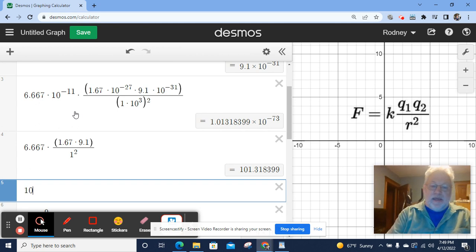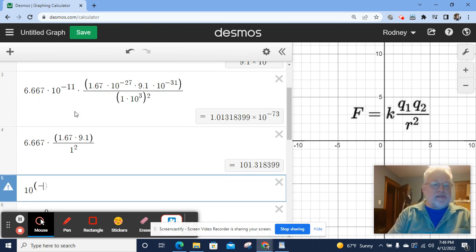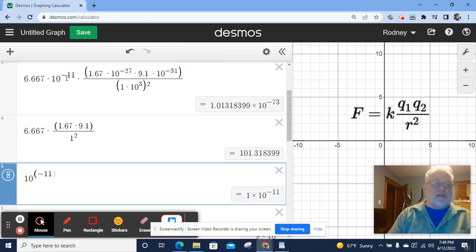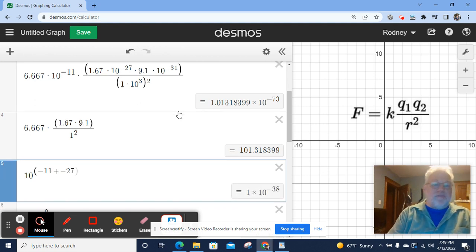I get 10 to the, and I'm going to put this in parentheses, negative 11, because this is multiplied, 10 to the negative 11th times 10 to the negative 27th times 10 to the negative 31st. I'm going to add all of those powers. So plus negative 27 plus negative 31.